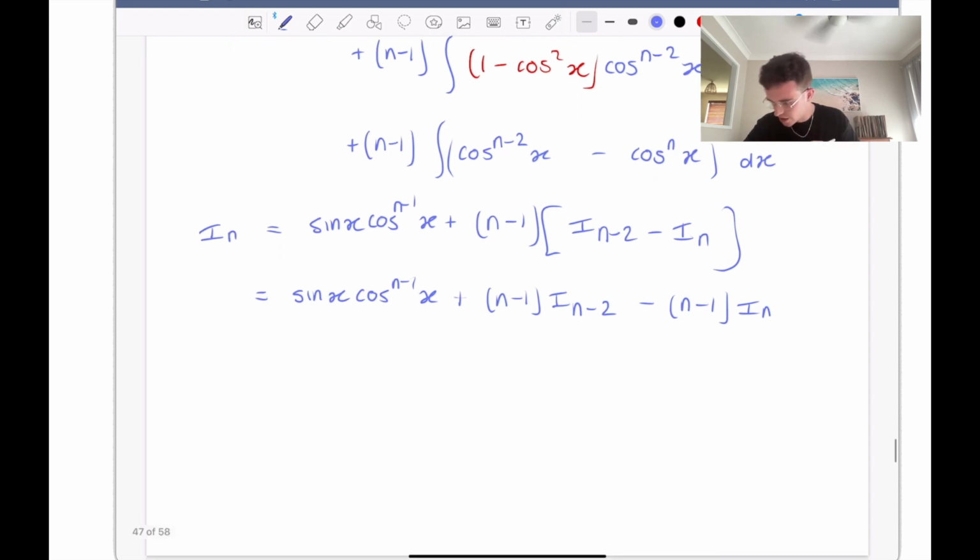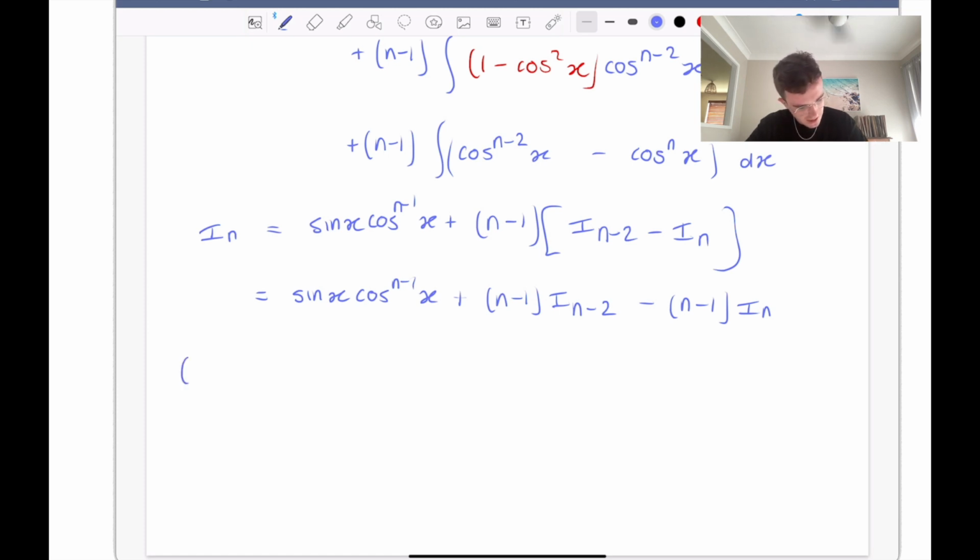I might plus the I of n over to the other side. Do we want to do that, or do you want to expand? Minus n I of n. I'm thinking what we might do, let's just plus it over to the other side at the moment.